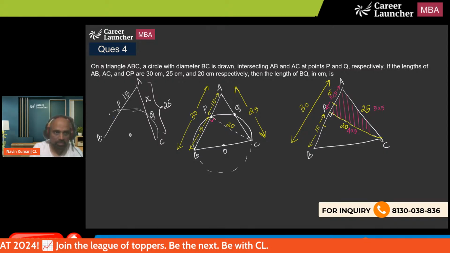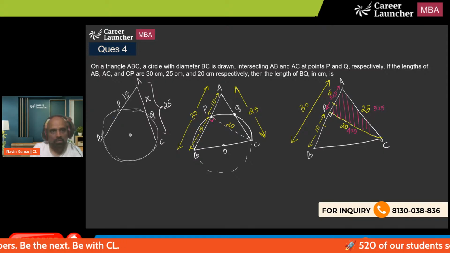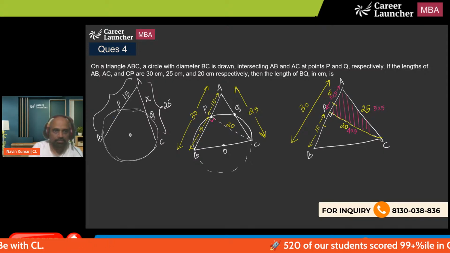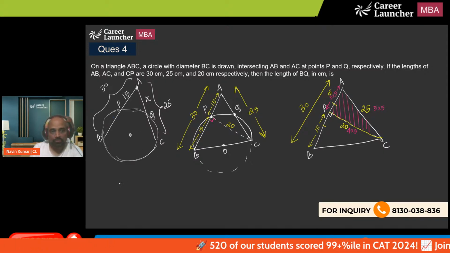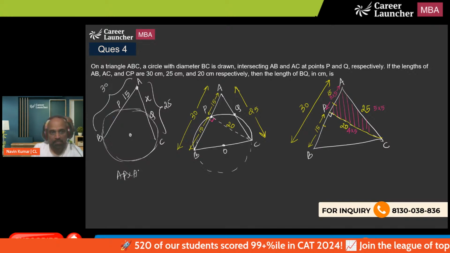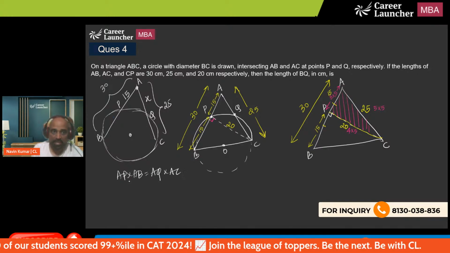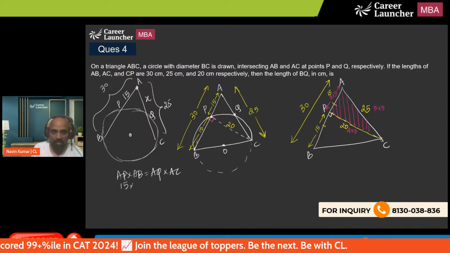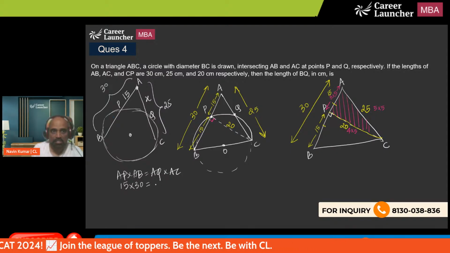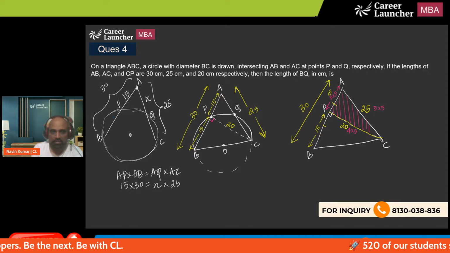So circle. This is 30. So AP into AB should be equal to AQ into AC, right? Now AP is 15, AB is 30, AQ is X, and AC is going to be 25.